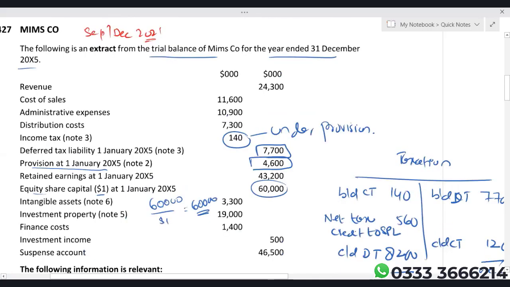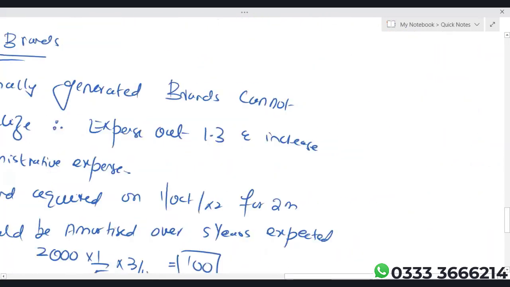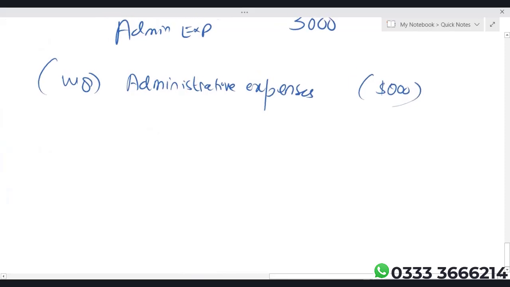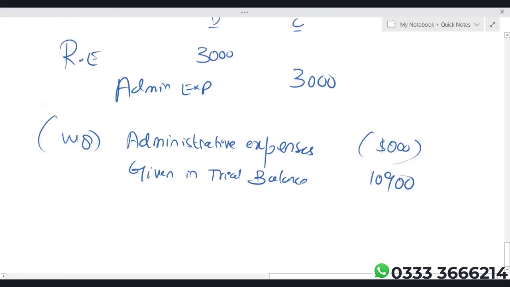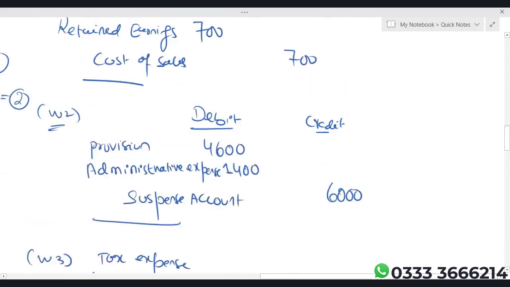Given in the trial balance, it is 10,900. Now let's go for adjustments one by one.